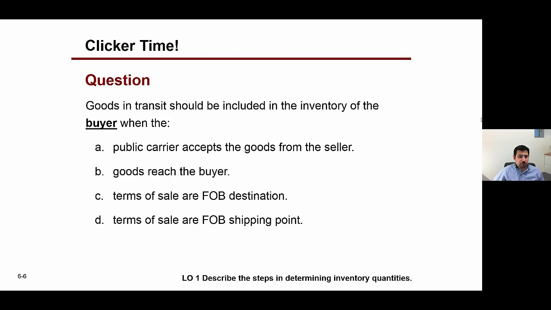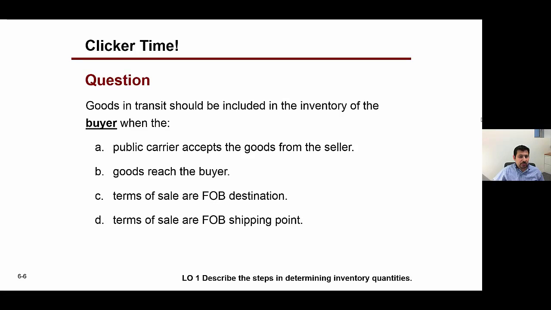So goods in transit should be included in the inventory of the buyer when the public carrier accepts the goods from the seller, when the goods reach the buyer, when the terms of sale are FOB destination, or when the terms of sale are FOB shipping point. When you say that the goods in transit should be included in the inventory of the buyer, it means that they should be owned by the buyer at that point.